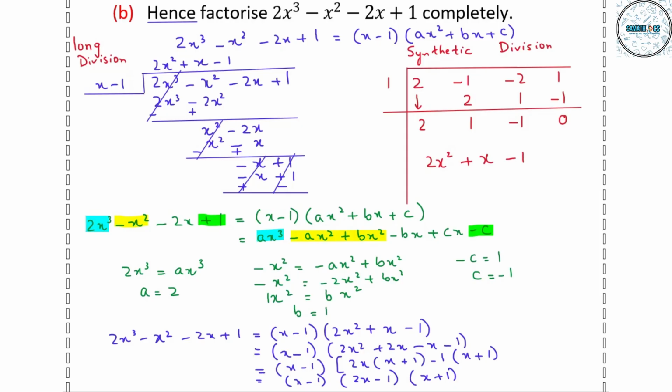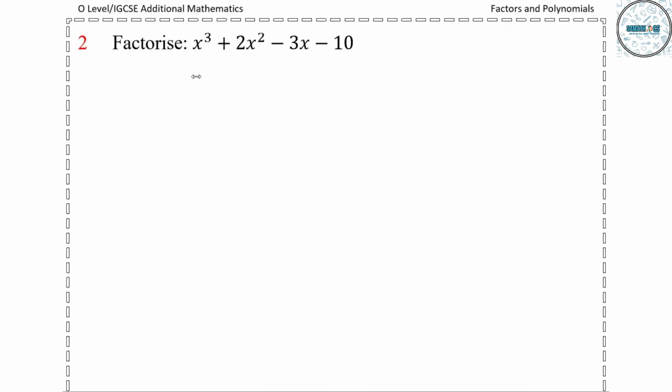Let's do another question in which we have to factorize x cubed plus 2x squared minus 3x minus 10. First of all, we will find out the first factor. To find out the first factor, we have to use the trial and error method, for which we have to find factors of the constant term, which is minus 10.